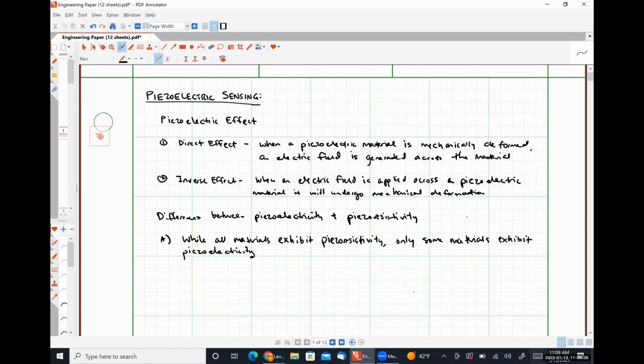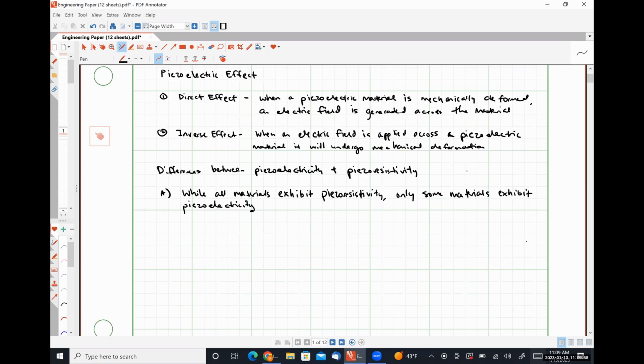So in order for a material to be considered a piezoelectric material, there are really two criteria that need to be satisfied. First, the material needs to contain in its structure polar bonds, okay? So let's consider silicon dioxide or quartz crystal. Okay.